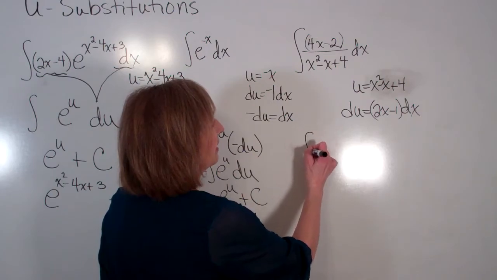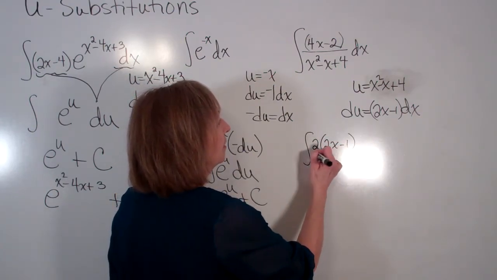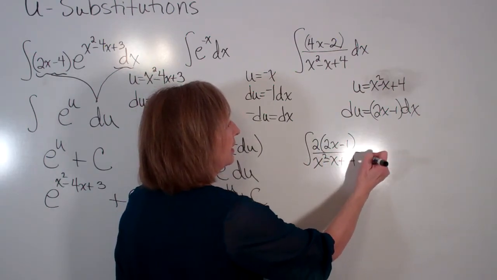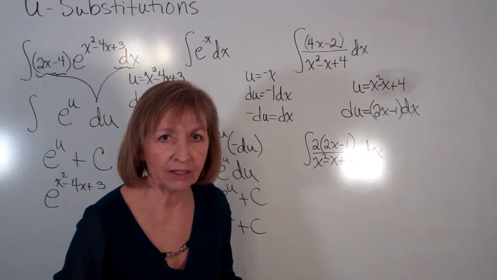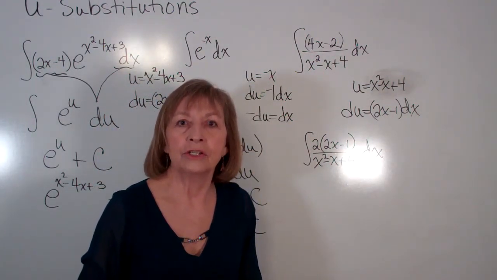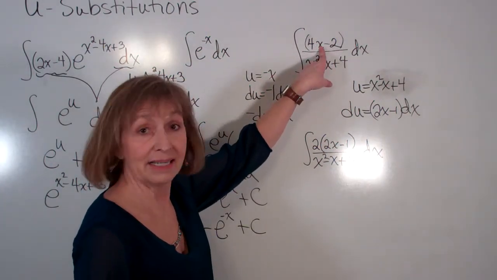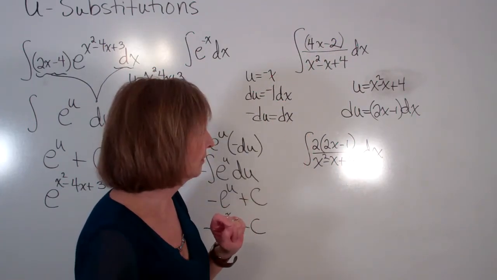So I can write this as the integral of 2 times 2x minus 1 over the x squared minus x plus 4 dx. And I didn't do anything that wasn't there. If I did something new that wasn't there, I would have to compensate for it.